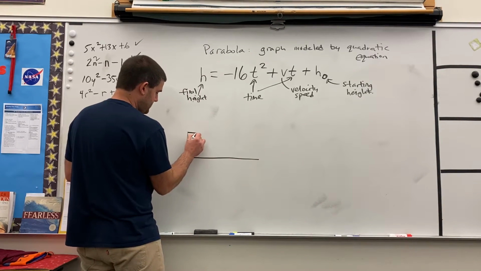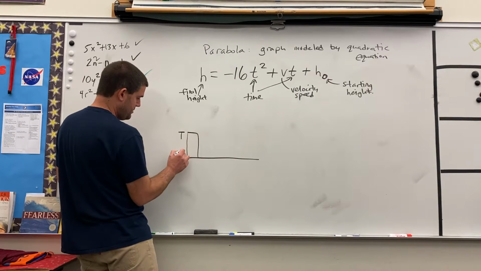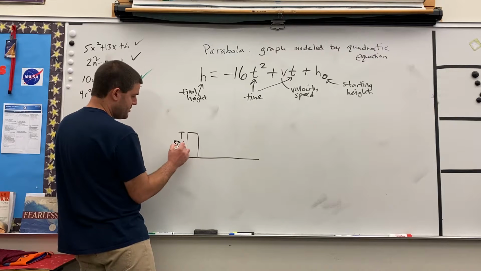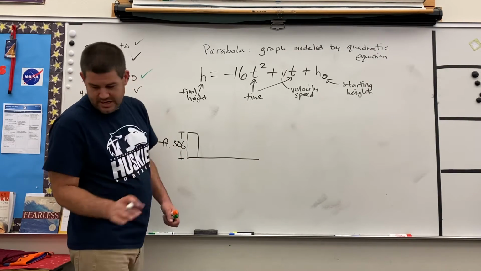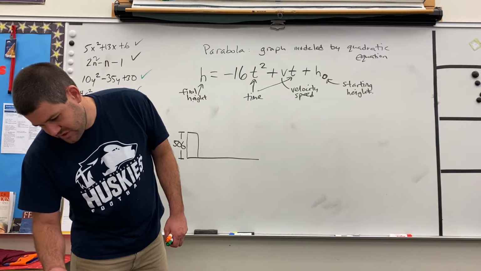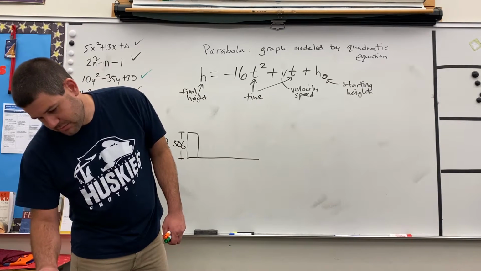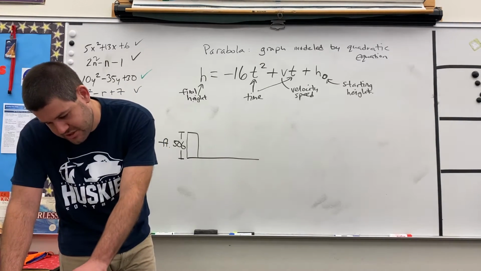So, here's 506 feet. 506 feet tall building. And this person, they throw a ball upward. The ball's height, h in feet, after t seconds is given by the equation, blah, blah, blah.